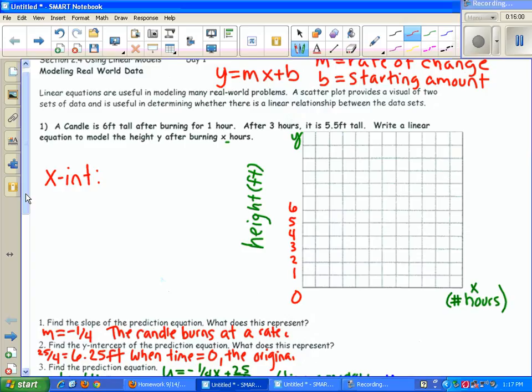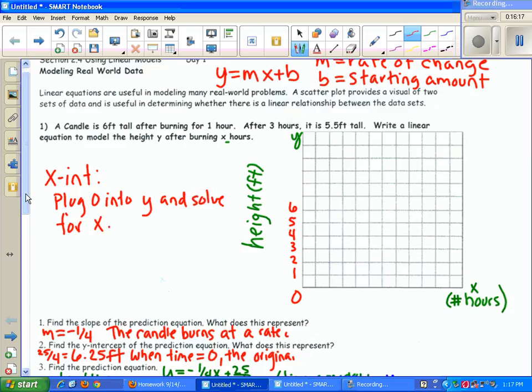Remember, in order to find the x-intercept, you plug 0 into y and solve for x. So we're going to do that in our equation.